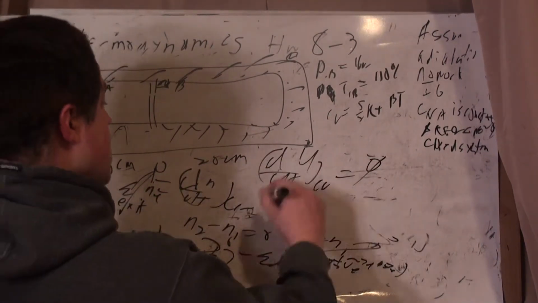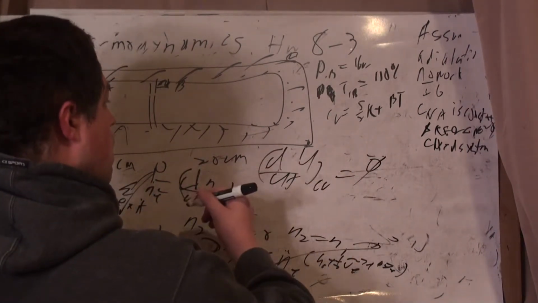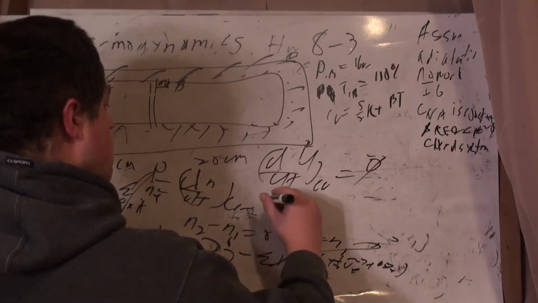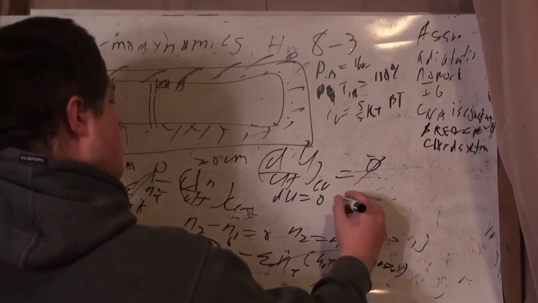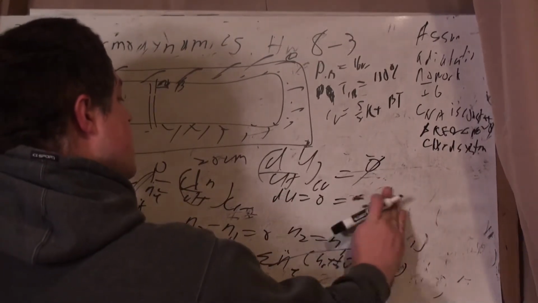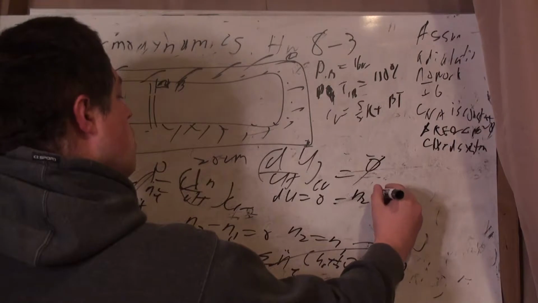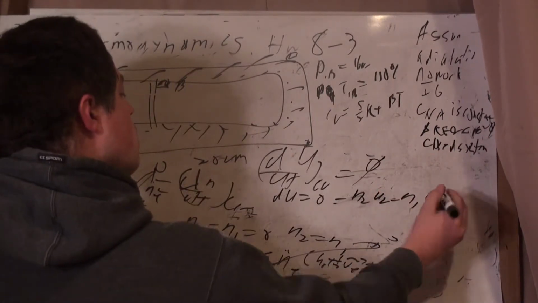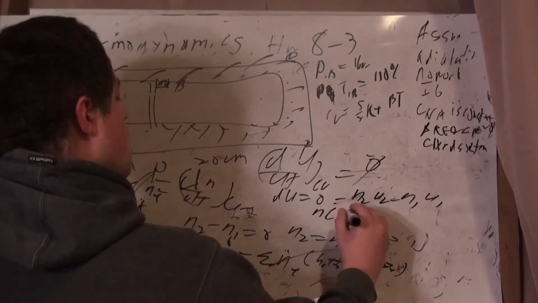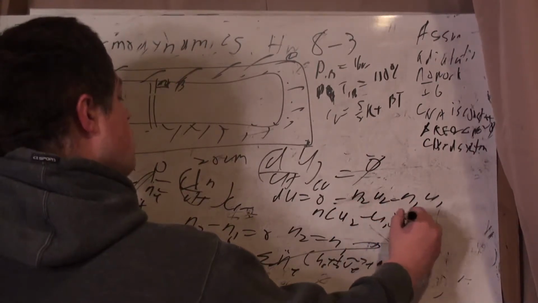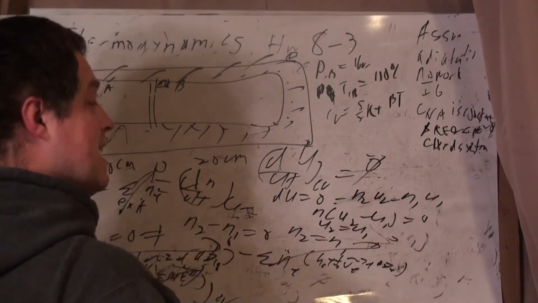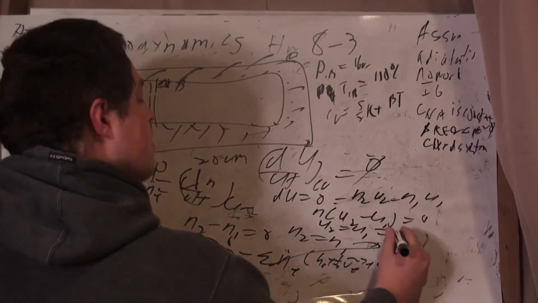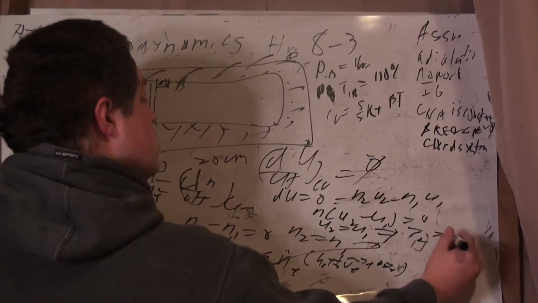Which means that capital DU is equal to 0, which means that N2 U2 minus N1 U1 is equal to 0, which means N(U2 minus U1) is equal to 0, which means U2 equals U1. But because this is an ideal gas, that means T2 is equal to T1 of the system.